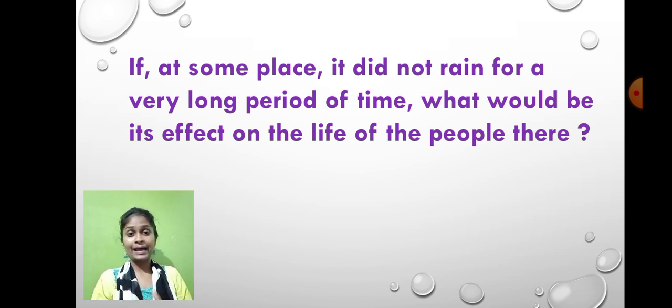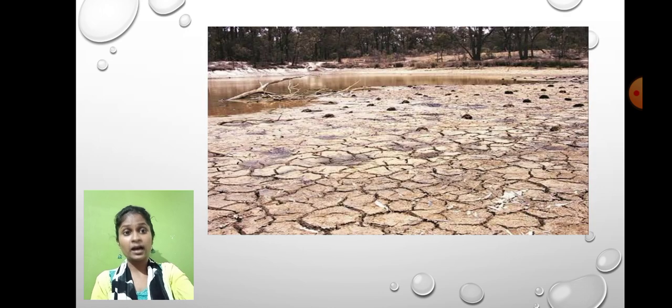And as you know, water is very essential for survival. Water is indispensable. Water is very important for the growth and development of plants and animals also. Am I right? So if there is no water, then the land in that area will look somewhat like this. Am I right?